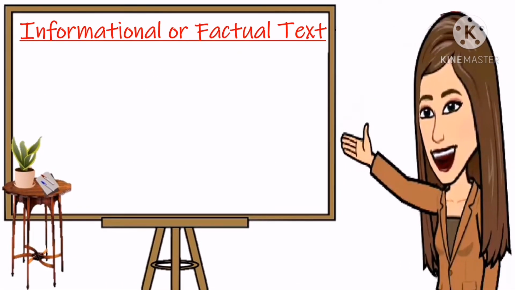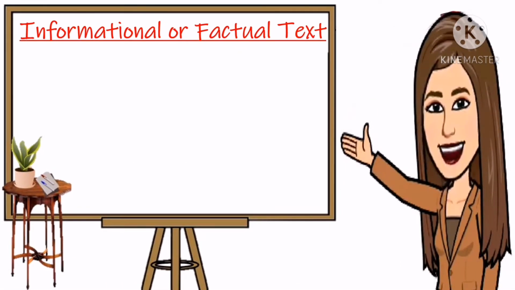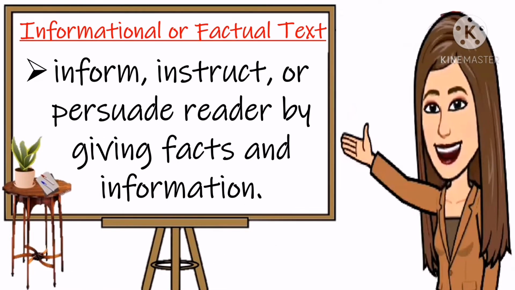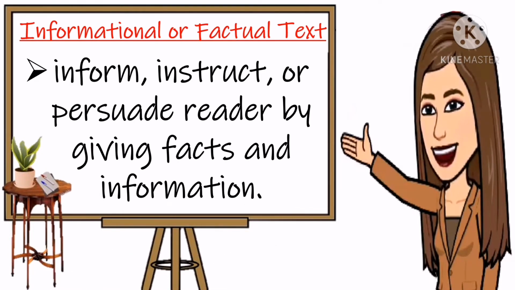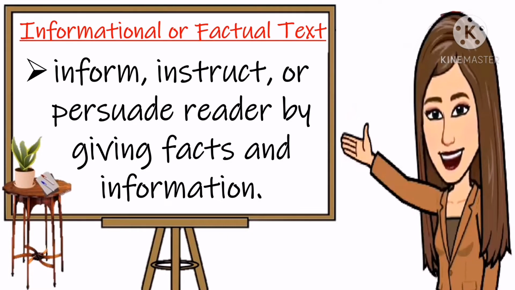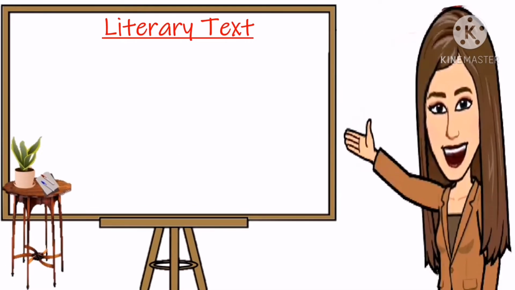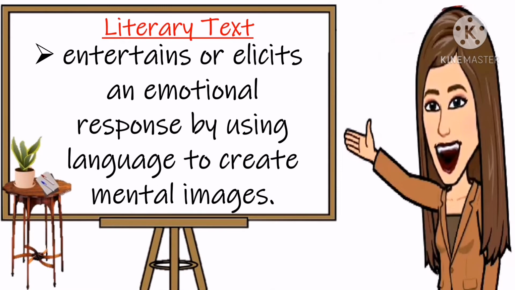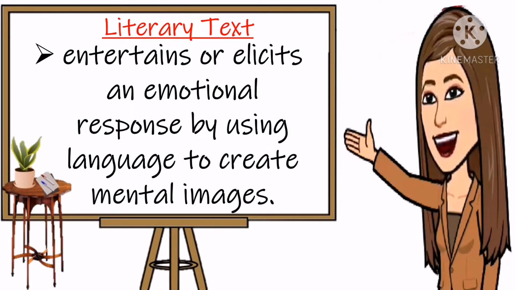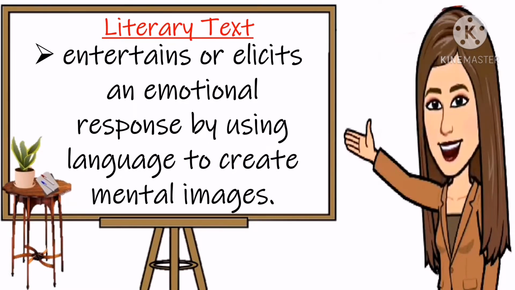The informational or factual text informs, instructs, or persuades the reader by giving facts and information. While the literary text entertains or elicits an emotional response by using language to create mental images.